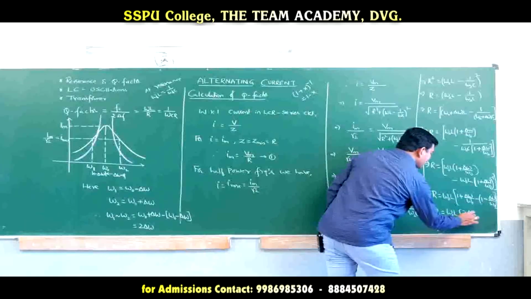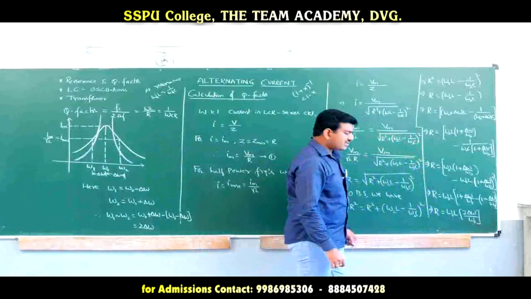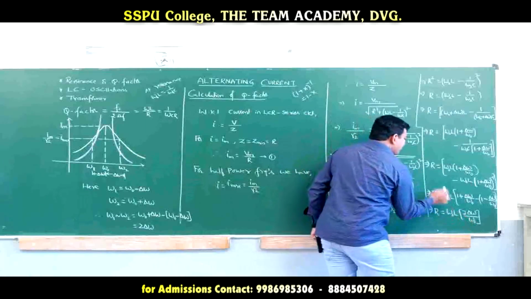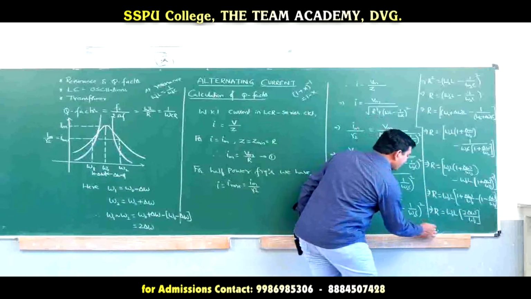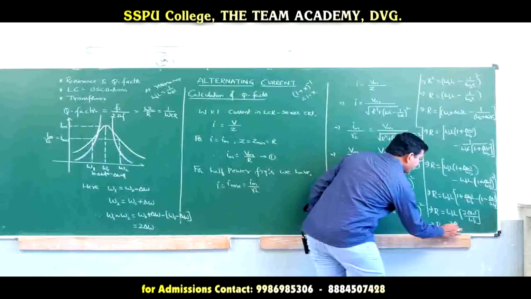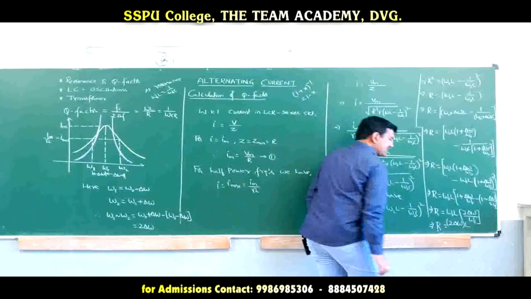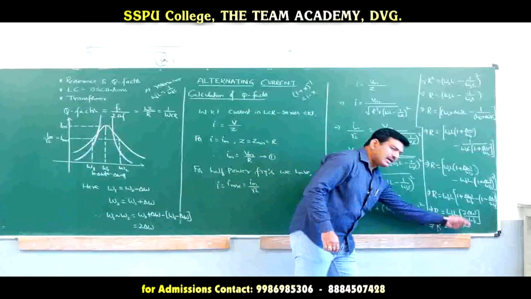So, that is 2 delta omega by omega naught. Yes or no? If you see here, this omega naught will cancel and we are left with R is equal to 2 delta omega into L. Yes or no?